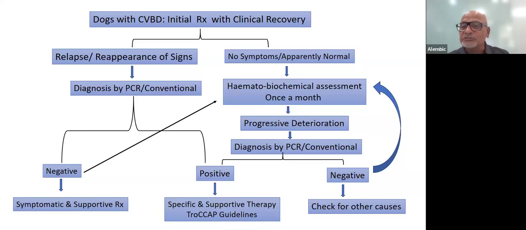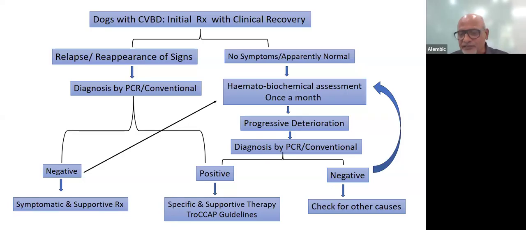Then in the second examination, if it is 26, 25, the third examination it is lowering, then it is an alarming sign. Then what you should do, you should go for diagnosis by means of PCR and conventional. There's no point using immunodiagnostic tests here. You will have to use PCR or the conventional, which will tell you the current infection, right?